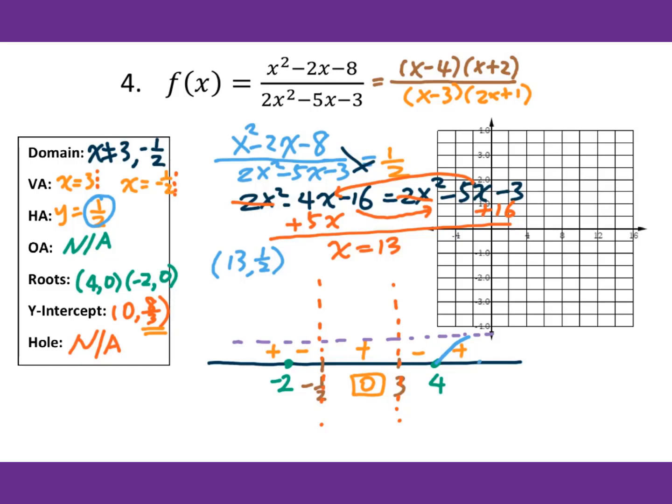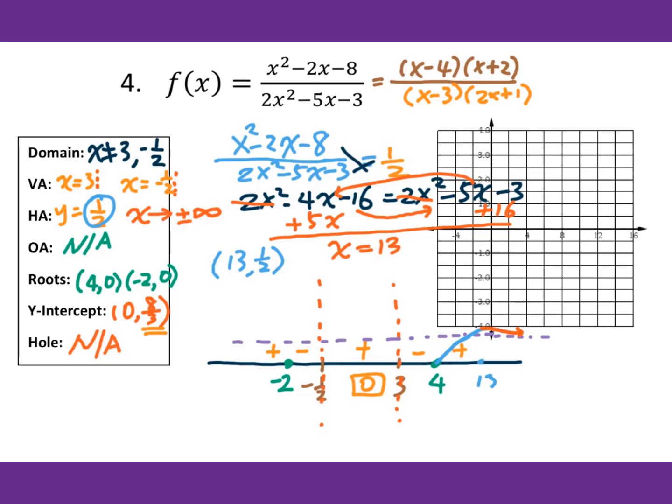Suppose this point is 13. Then we cross this horizontal asymptote line. Then remember, it will go down, then very, very close to this horizontal asymptote line. For the horizontal asymptote line, that means when x tends to positive or negative infinity, the graph will be very, very close to 1/2.